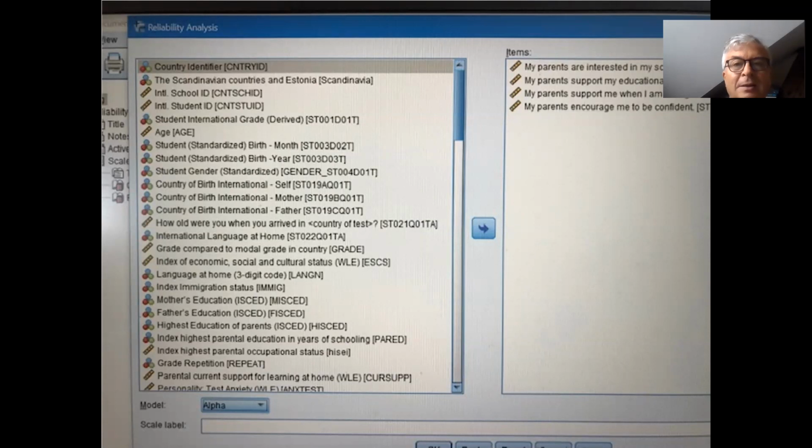And here you can select from the variables you have those that you are interested in analyzing. So here I have put items that have something to do with the way the students think that their parents support their engagement in school.